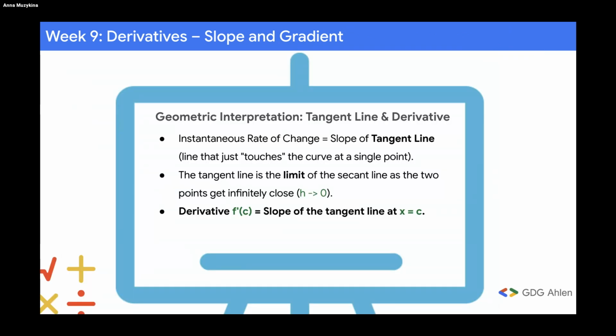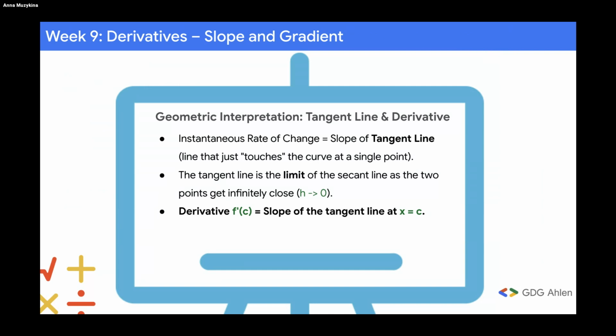Now, how do we get the instantaneous rate of change? Imagine the second line from the previous slide. What happens if we make the distance h between the 2 points smaller and smaller, effectively sliding the second point along the curve toward the first point?